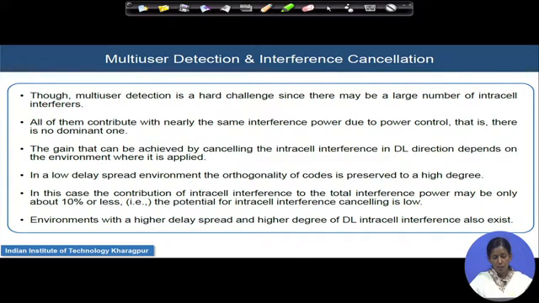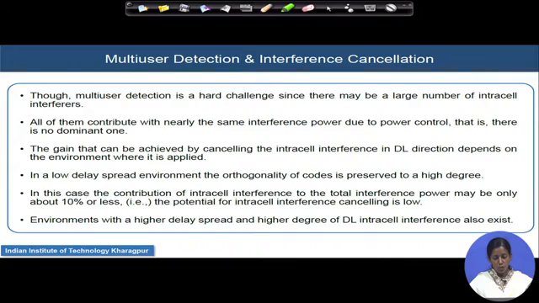So, it is a really hard challenge, and all the codes, though we know them, are not supposed to be in perfect synchronization. So, the synchronization effect is also there. So, though the idea seems to be implementable, in a practical sense it is really hard to implement in view of all these issues.